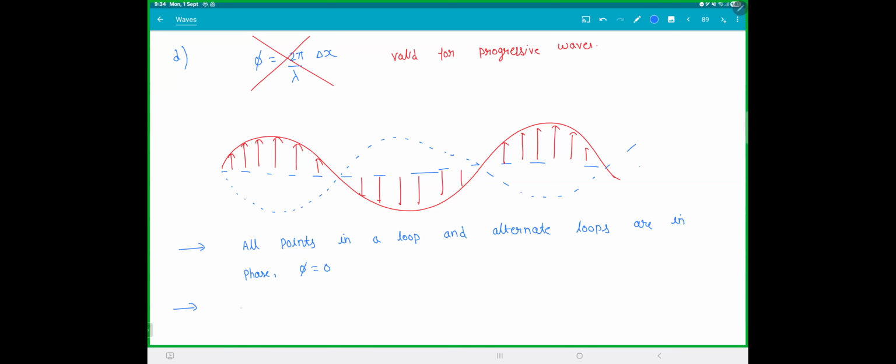All points in consecutive loops are out of phase. That's it. There are only two answers here. Unlike a progressive wave, where you can have an answer anywhere from 0 to 2π, either you get 0 or you get π. That's it. So points in consecutive loops are out of phase by π.